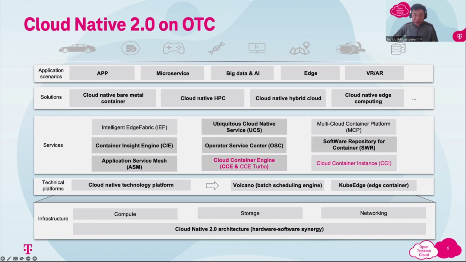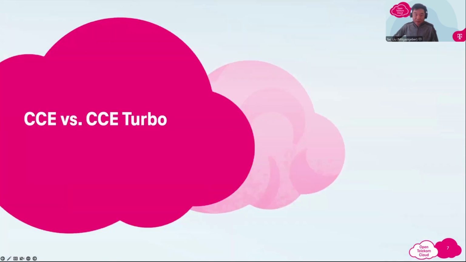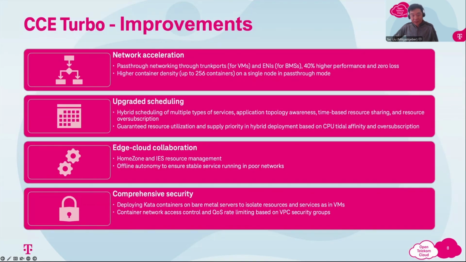The structure of Cloud Native 2.0 is shown in this diagram. As you can see, CCE and CCE Turbo and the CCI are the main services of this new platform. In the next part of my presentation, I will describe the main difference between CCE and CCE Turbo.